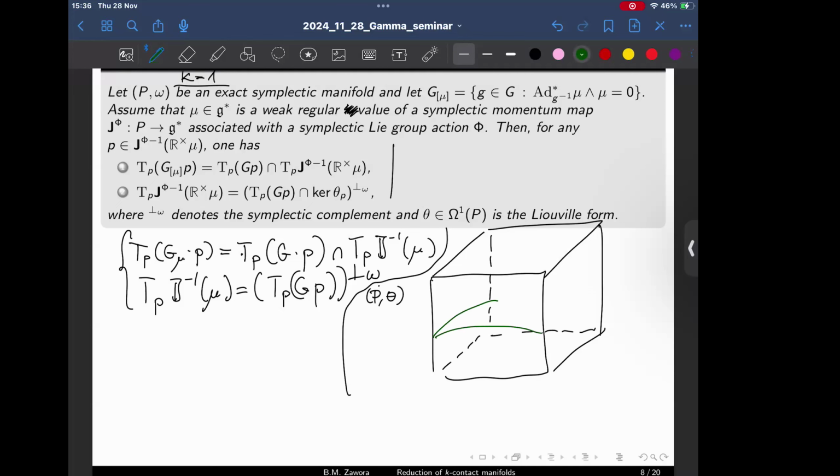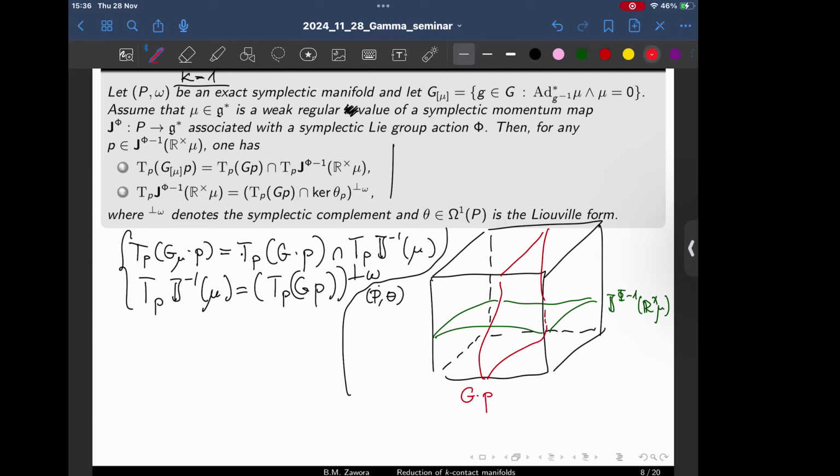Here we take the level, it's not the level set, but here we have J_phi^{-1}(R cross mu), for mu being a weak regular value. So this is indeed a submanifold of P. Here we have the space generated by the action of a Lie group, so it's just an orbit G·p.